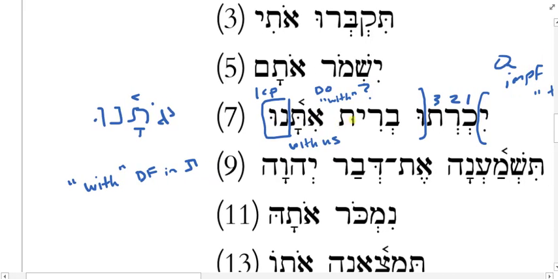And that is that berit is already the direct object of yichratu. They will cut a covenant. Okay? I already have a direct object. So I can't stick another direct object right after the real direct object. It wouldn't make sense at all. They will cut a covenant, us. Okay? That doesn't make sense.